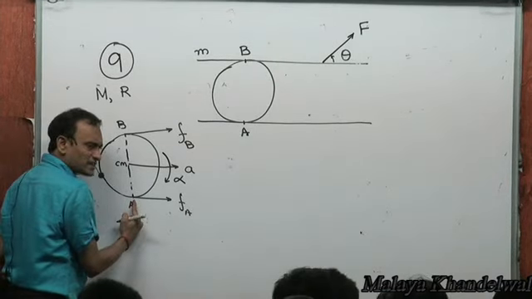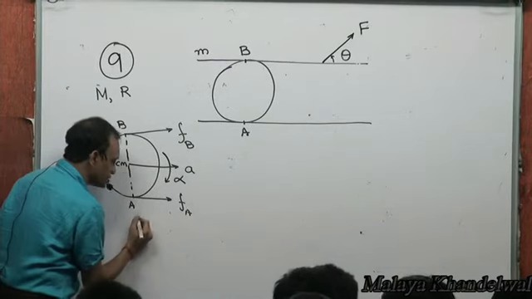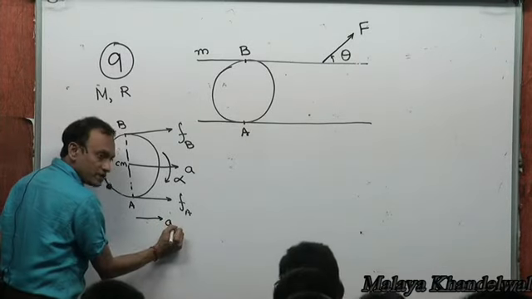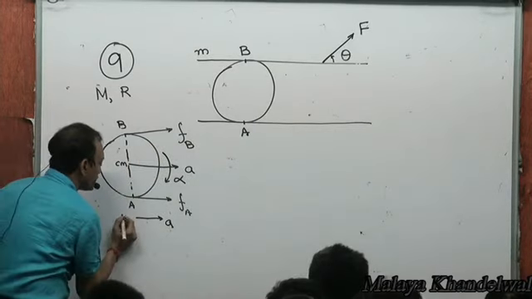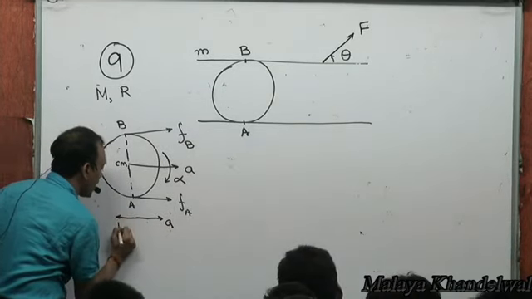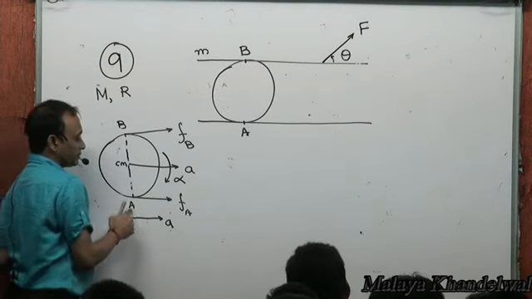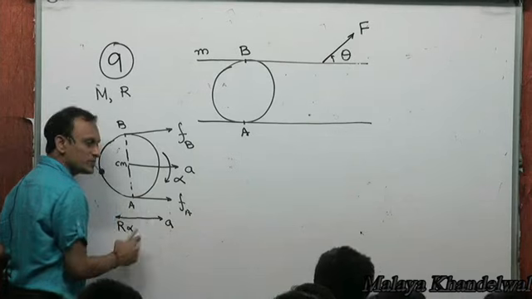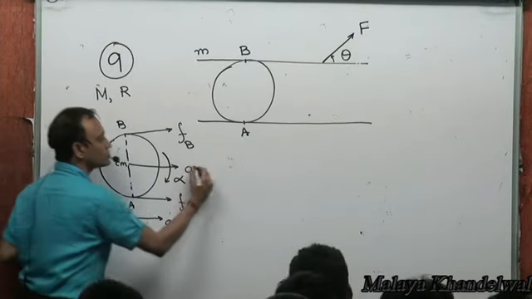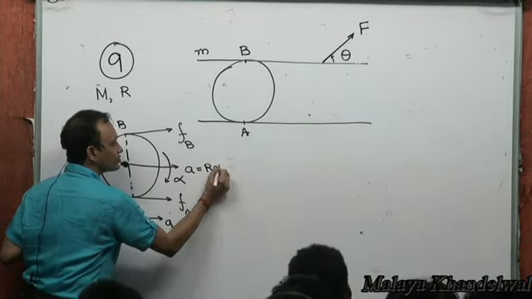Now if I look at the acceleration of A, because of pure translation, it will have an acceleration a to the right. Imagine it to be in a state of pure rotation with angular acceleration alpha. It will have a tangential acceleration r alpha to the left. And if there is no slipping at A, the net acceleration of A must be 0. So a must be equal to r alpha, right? So this a is r alpha for sure.